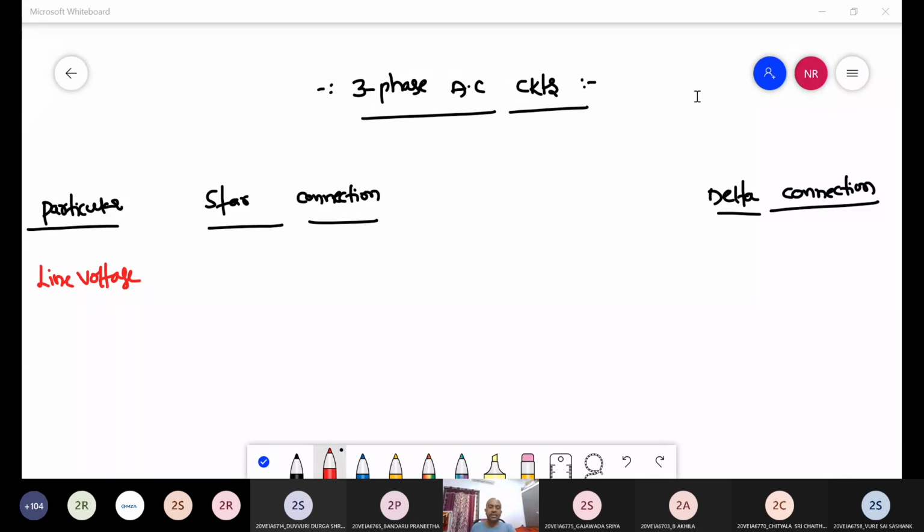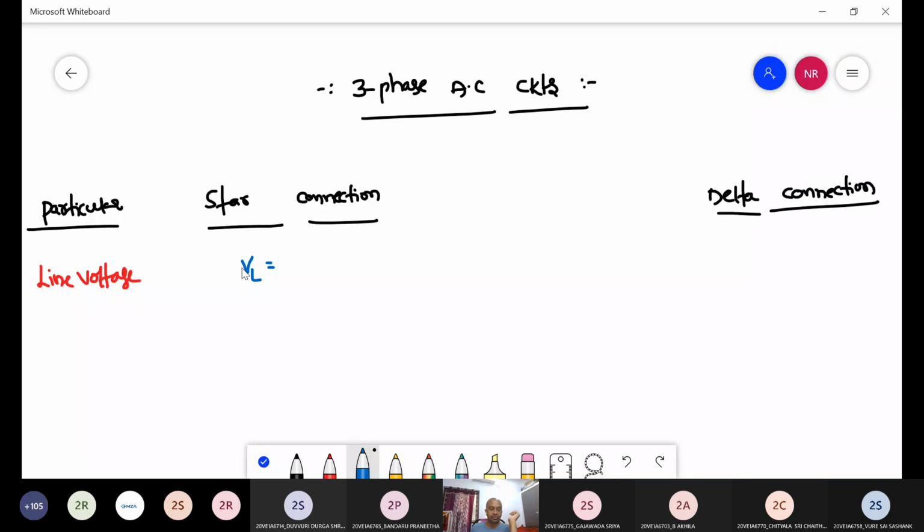So the line voltage VL is always greater than the phase voltage.